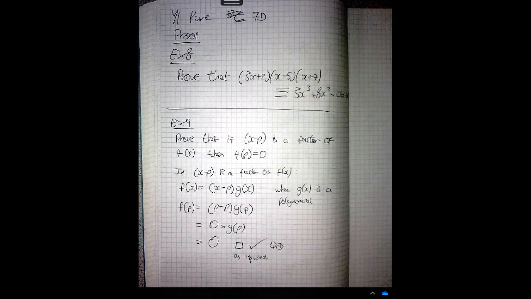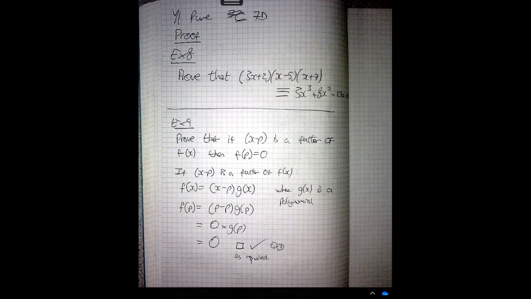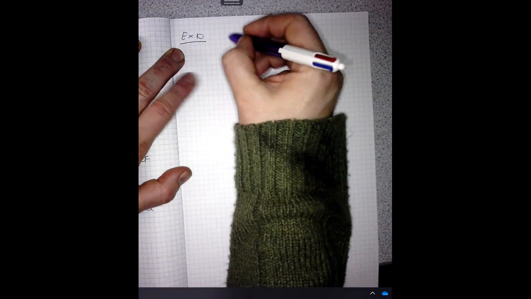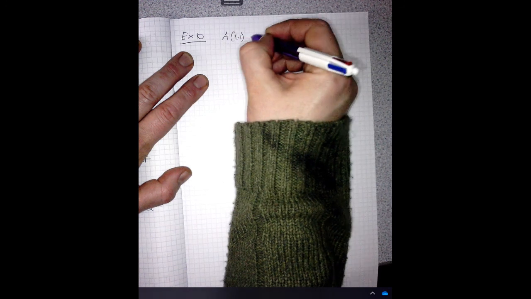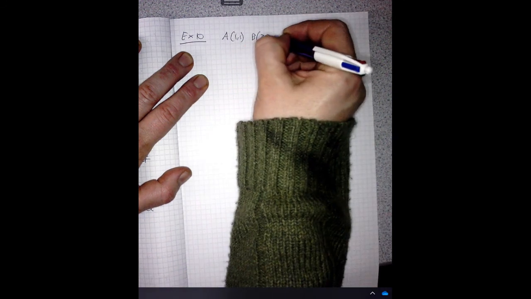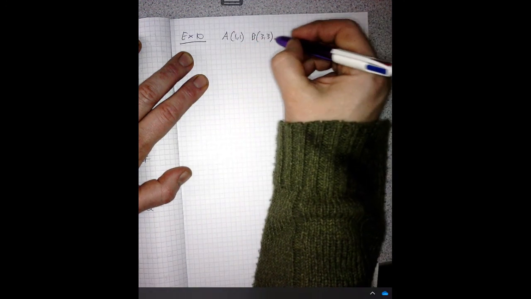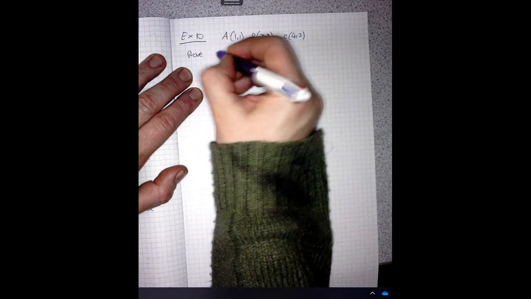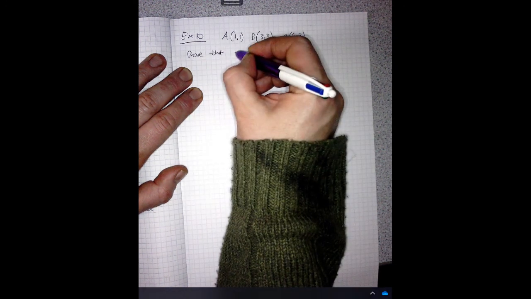Example 10, again, no new maths. I need to prove that these points are the vertices of a right-angled triangle. So prove that A, B, C are the vertices of a right-angled triangle.